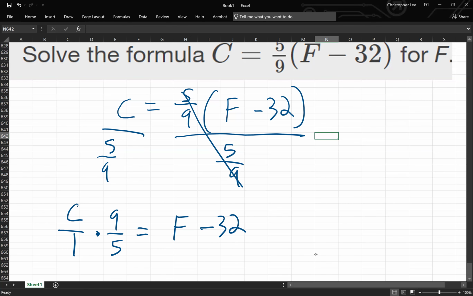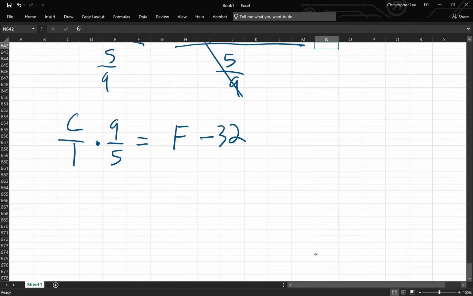But before that, let's multiply this. What does that become? So 9C over 5.